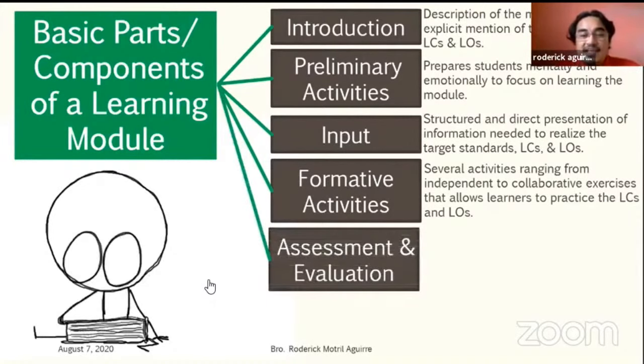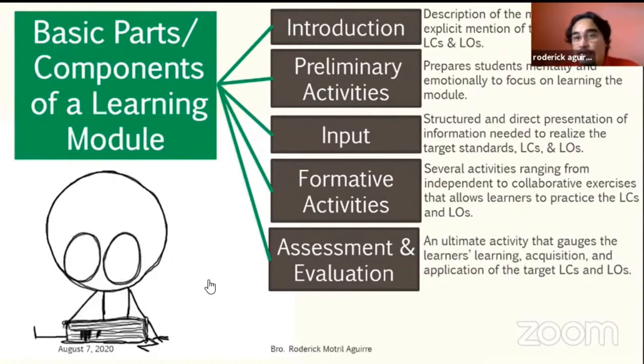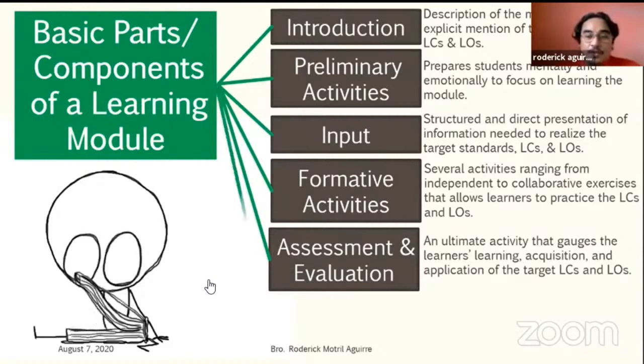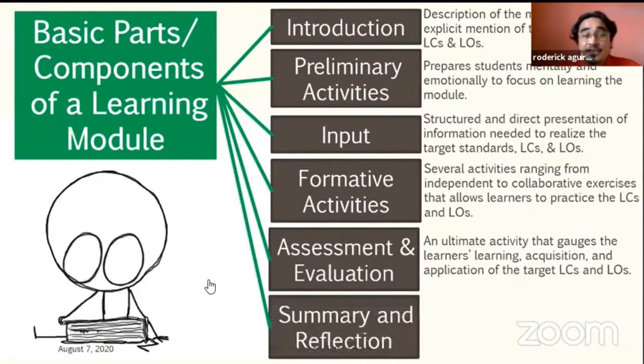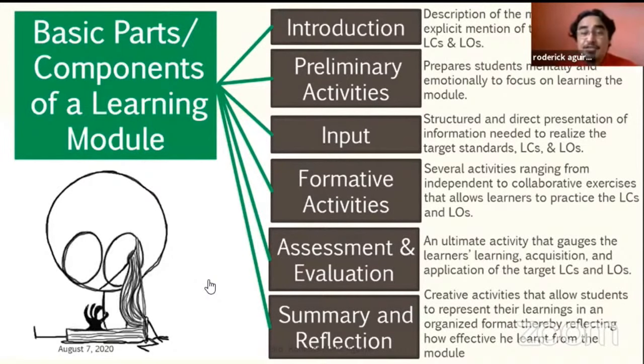Okay? Next, you have assessment and evaluation. An ultimate activity could be a test. It could be something that they're able to do using performance rubrics or product-based rubrics that gauge the learner's learning acquisition and application of the target LCs and LOs. Okay? Summary and reflection, of course: since they're at home, they need to be helped and guided as to how well they acquired and how well they were able to process the information in the module.